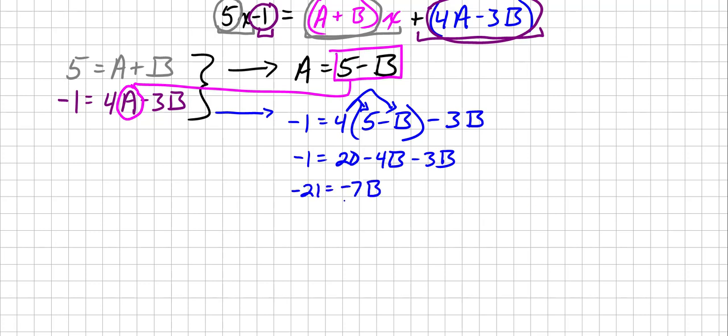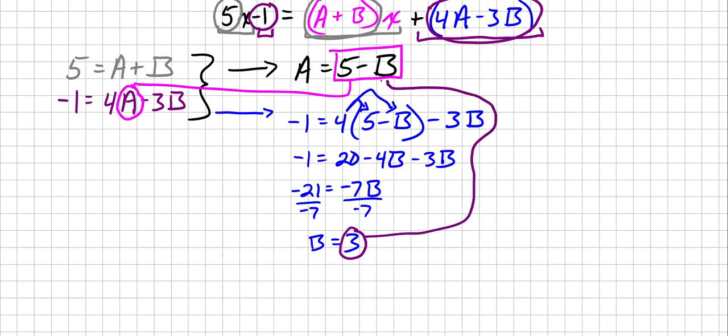Divide through by negative 7, and I now know that B is equal to a positive 3. If B is equal to 3, I can pop it right here in place of this B, and now I know that A is equal to 5 - 3, which is 2.